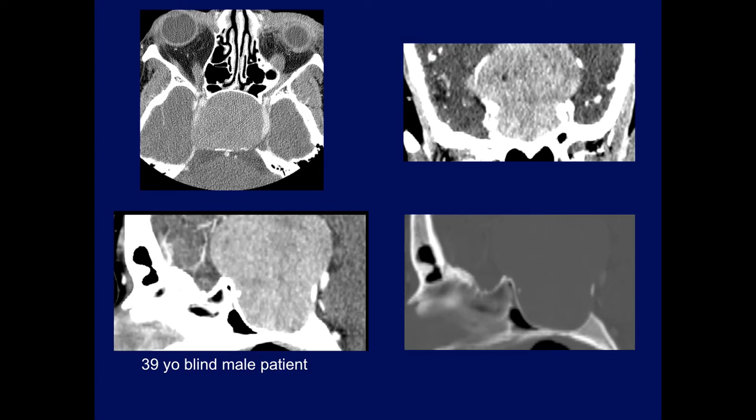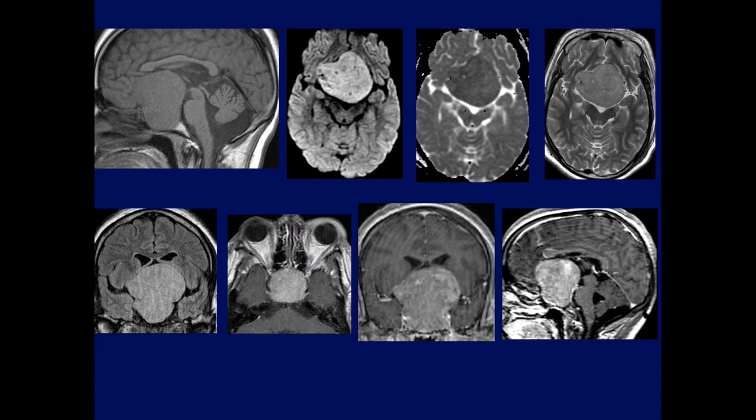One of the issues here was, was this a meningioma or was this a massive tumor of the pituitary? And that was the differential. The patient was a 39-year-old patient, blind. Does the MR help in the differential? Does it look more like a meningioma or adenoma?